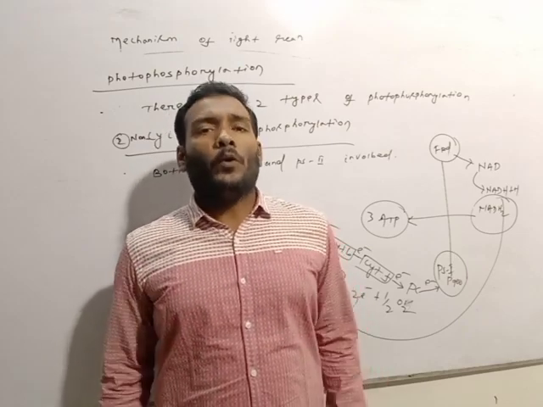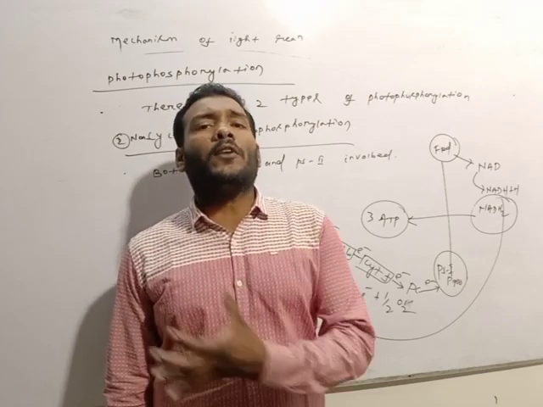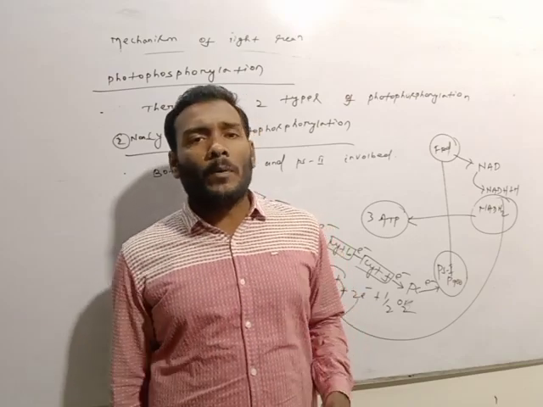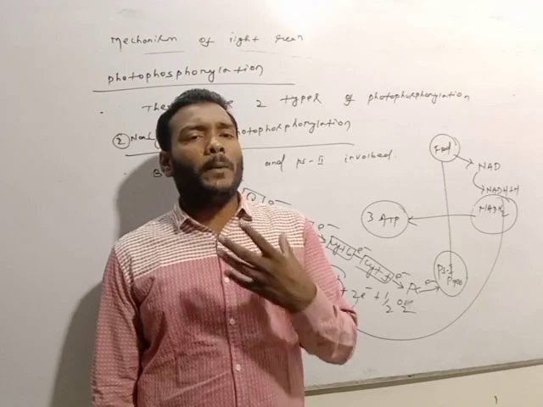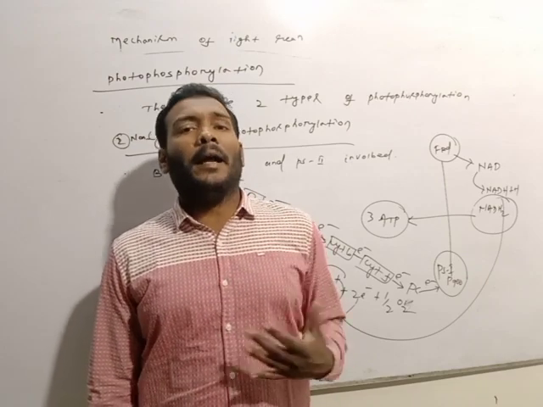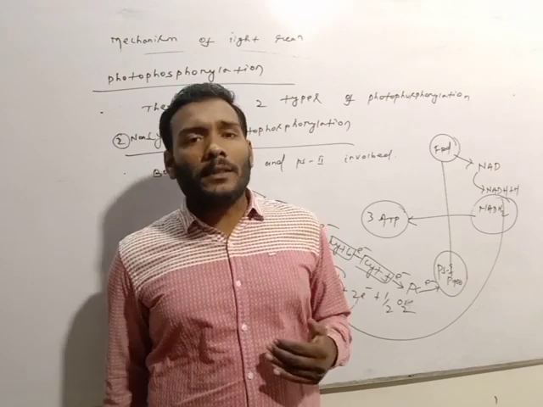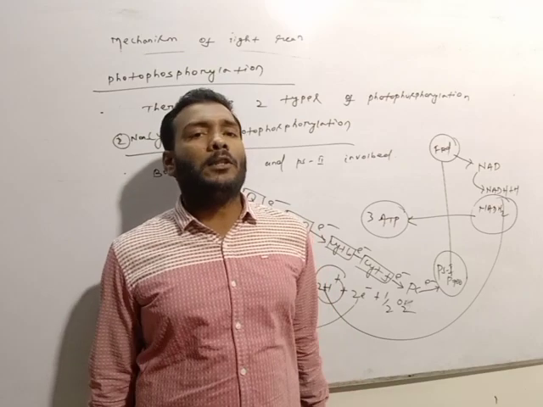From this step we concluded that carbon dioxide is not the source of the oxygen; instead the oxygen comes from the splitting of water molecule. That experiment was carried out by Robert Hill, hence the name Hill's reaction.